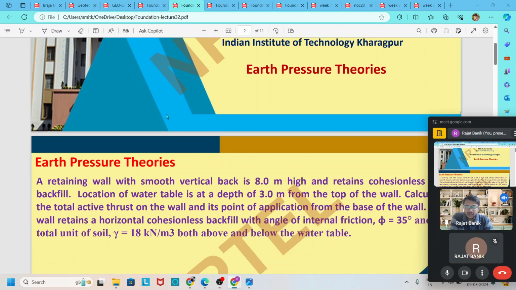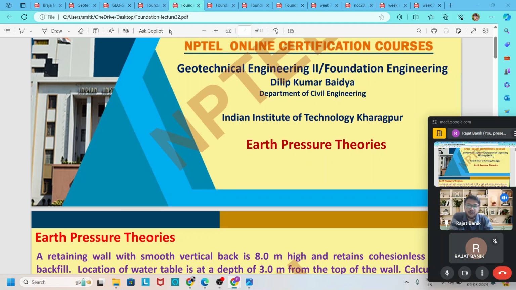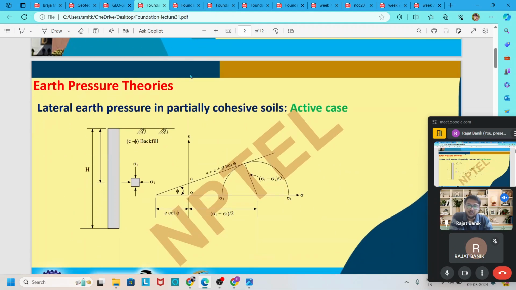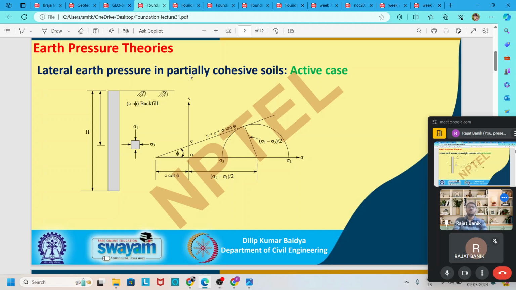In week 7, lecture number 31, it is the extension of the week 6 class. In week 6, we dealt with the cohesionless soil only. That means our backfill material, the soil at the back side of the retaining wall, was only a cohesionless soil.